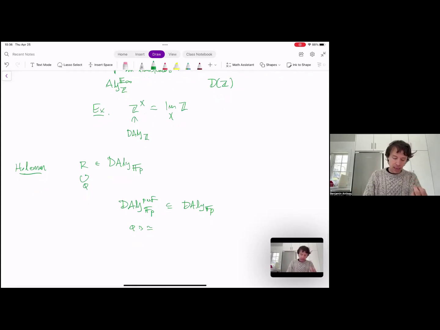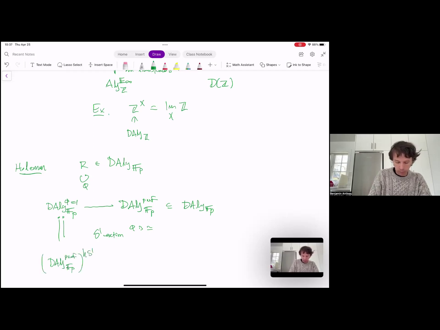On this category, the Frobenius really corresponds to an S1 action. It's giving us a natural isomorphism of the identity functor. And so I'm going to let p-Boolean derived F_p algebras, which has a forgetful functor to this, be defined to be the homotopy fixed points of this S1 action.